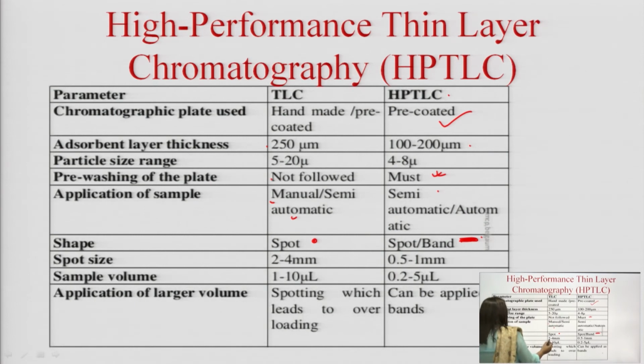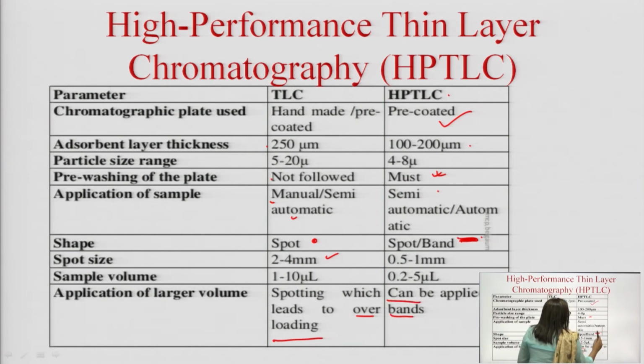Spot size is small in case of HPTLC, like 0.5 to 1 mm, while it is larger in TLC and has the problem of overloading. Here the application of larger volume is also possible if we direct the instrument to have a larger band length and width.